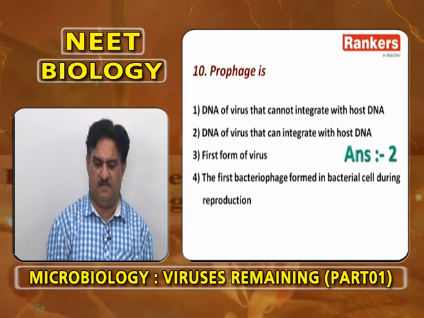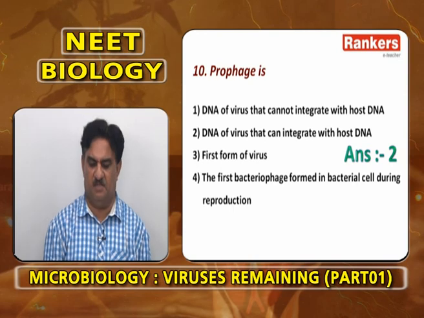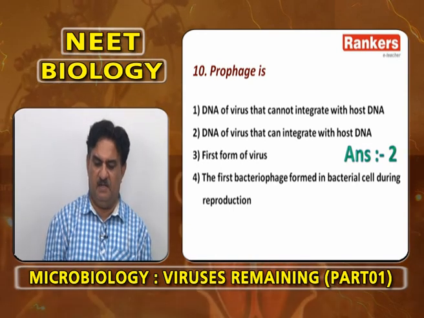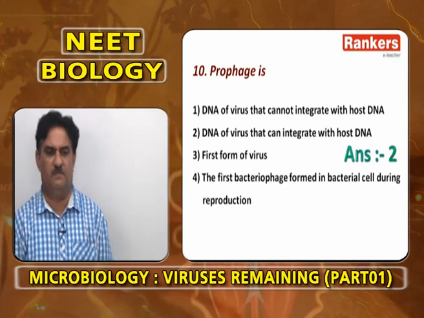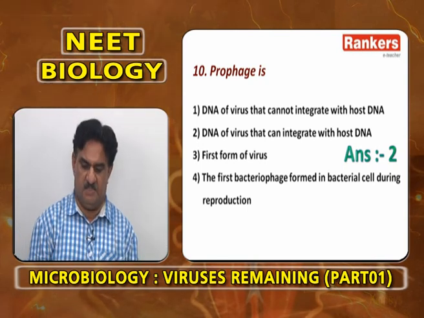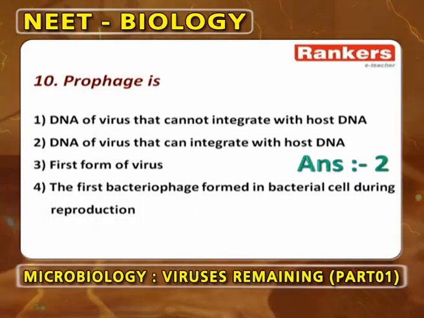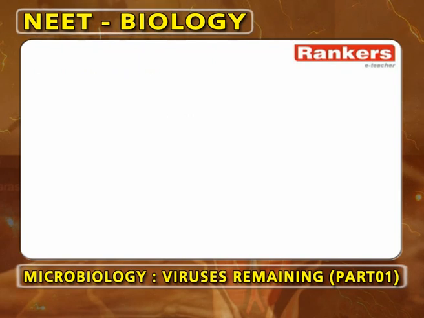The DNA of a virus that can integrate into the host DNA is called a prophage, and a virus with the capacity to form a prophage is called a temperate phage. So the answer is the DNA of a virus that can integrate into the host DNA. Second option.